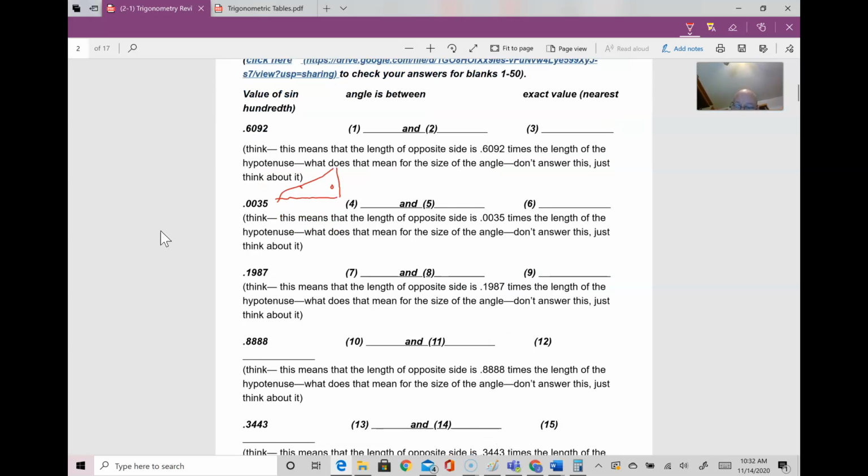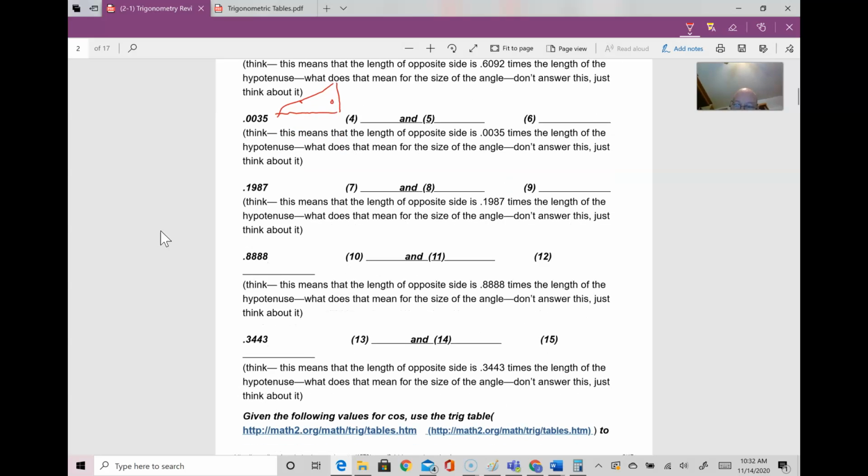But if I've got a sine where the opposite side is most of the hypotenuse, so here's the opposite side, and here's the hypotenuse, and this opposite side is most of that length of that hypotenuse, I'm going to have a much greater angle, and we said that that angle was 60 some degrees, right?